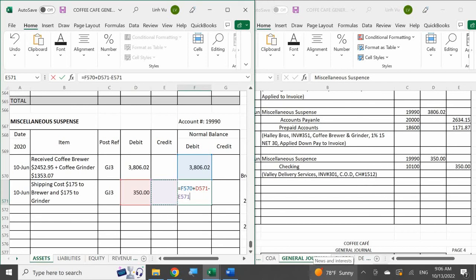I got $4,156.02. Good. All right. So that's your coffee brewer and your coffee grinder all together in there.